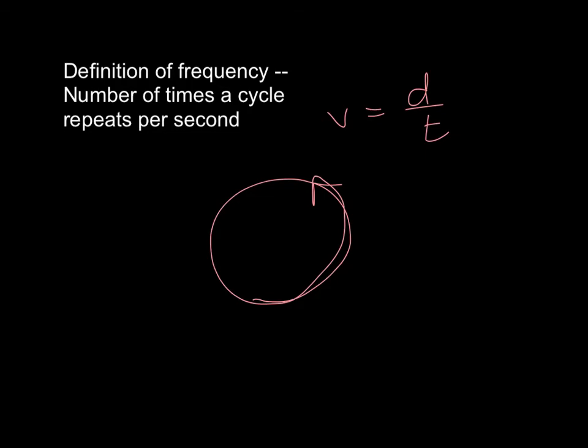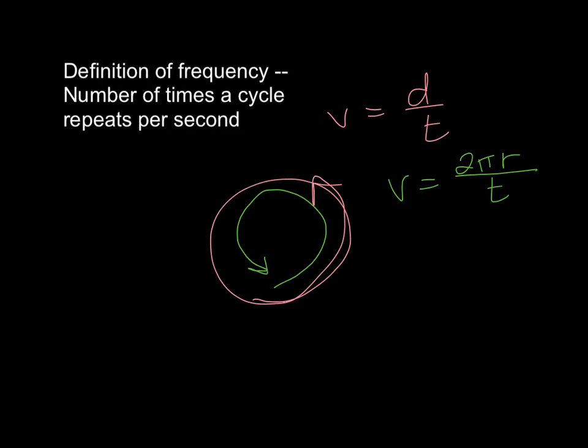And so what is the distance that he travels? He's going around a circle, so the distance he travels is going to be the circumference of the circle. So it's 2 pi r, that's the circumference of a circle, divided by how long it takes him to go around once.